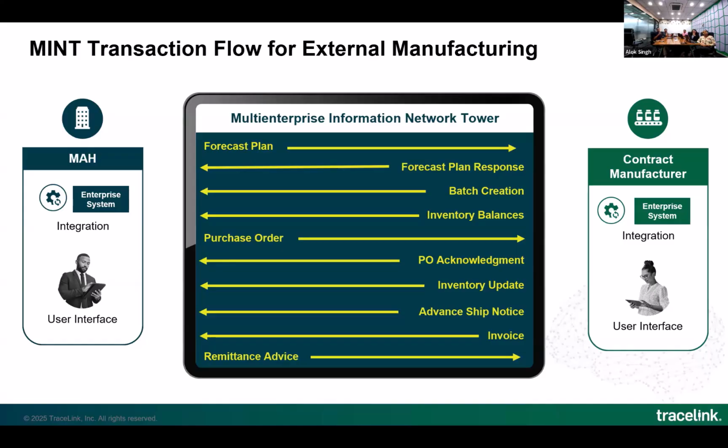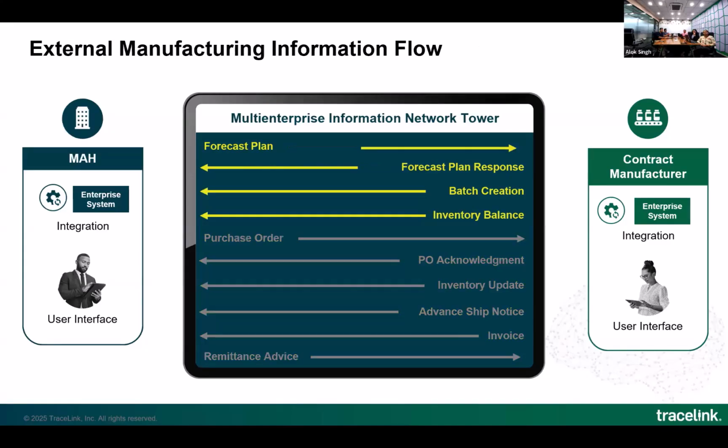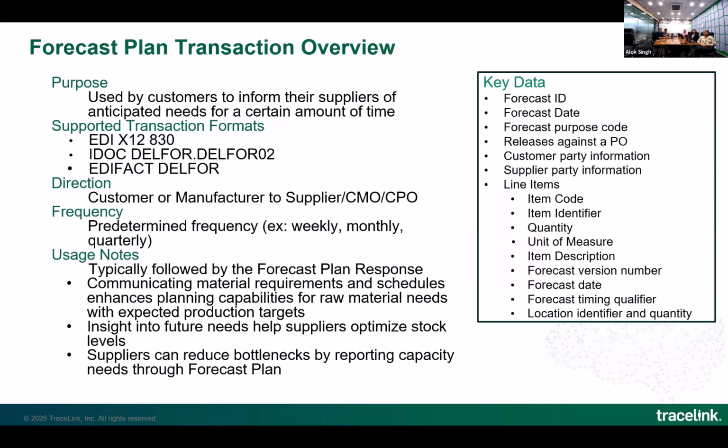For example, if the MAH sends a forecast plan, the CMO responds with a forecast plan response. The first set of transactions we are going to focus on is forecast plan, response, batch creation, and inventory balance. This transaction overview is taken from Beth's slides.